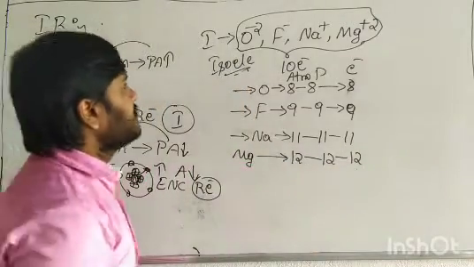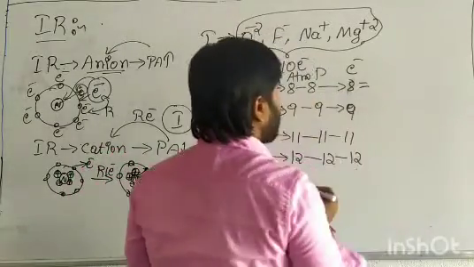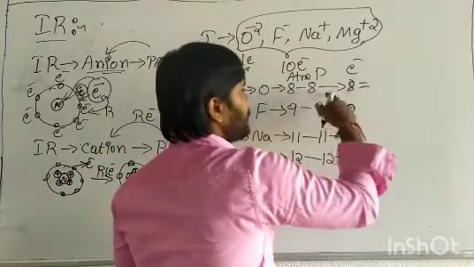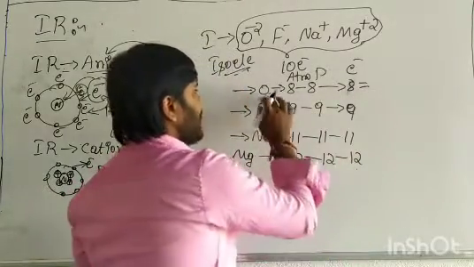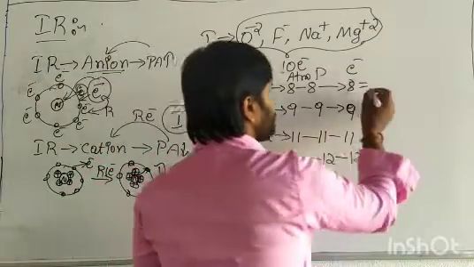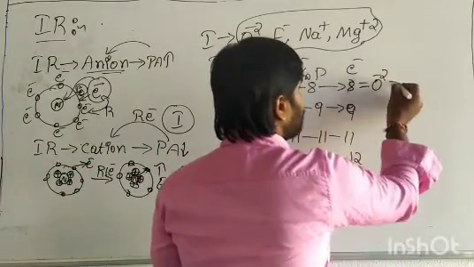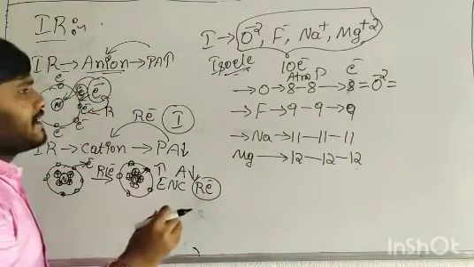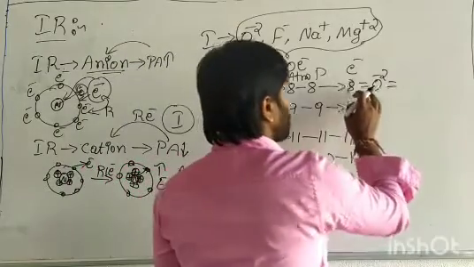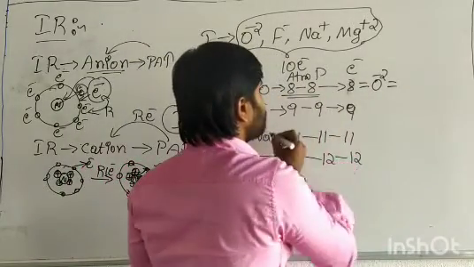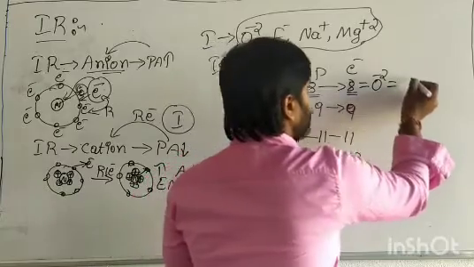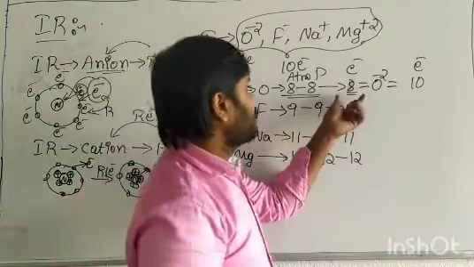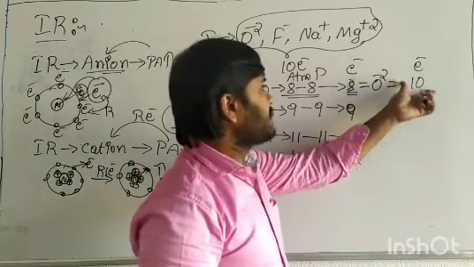Here, look at the charges developed on each of the atoms. These are atoms, and when charges develop on these atoms, we call them ions. For O, the charge developed is minus 2, and a minus charge means you have to add electrons. The number of protons remains the same, only the electron number changes to 10.